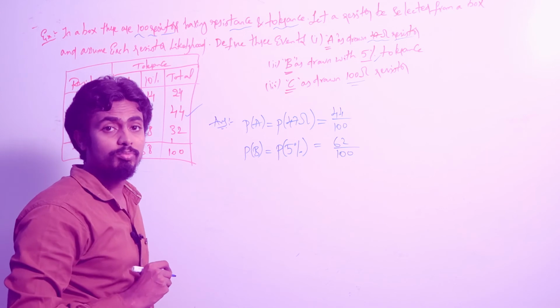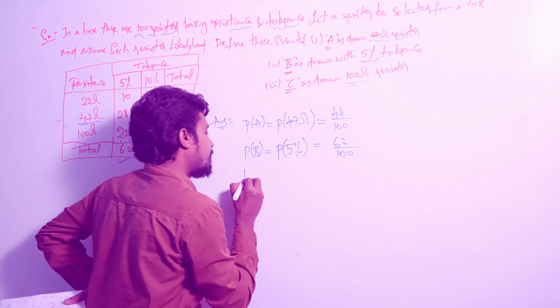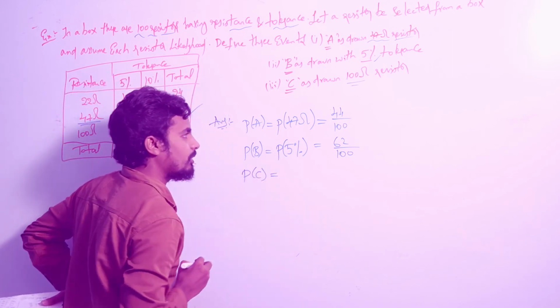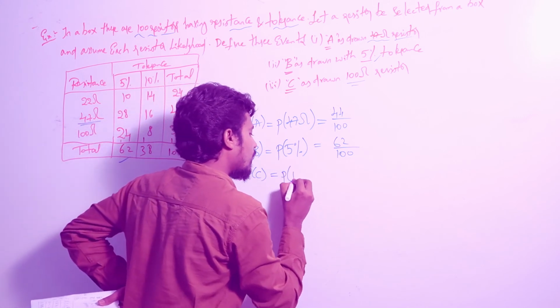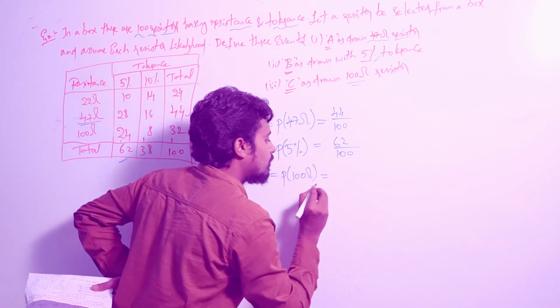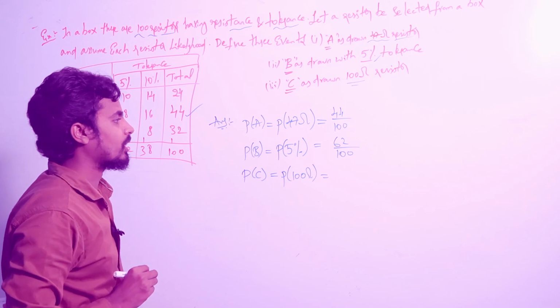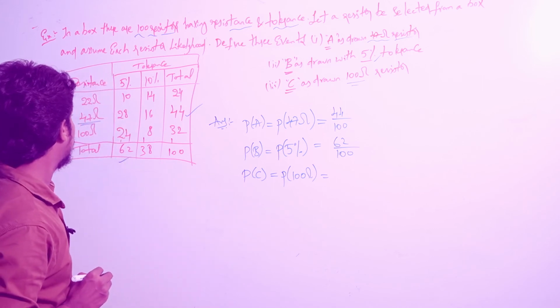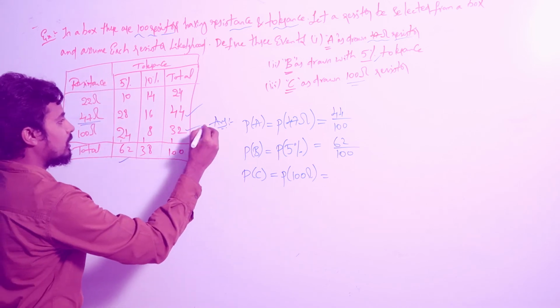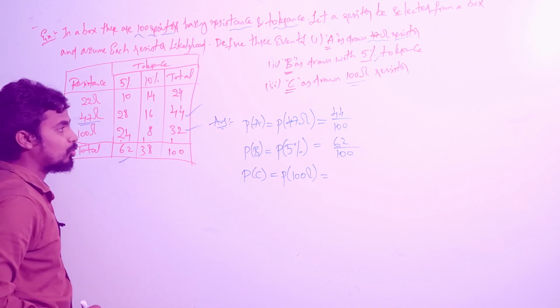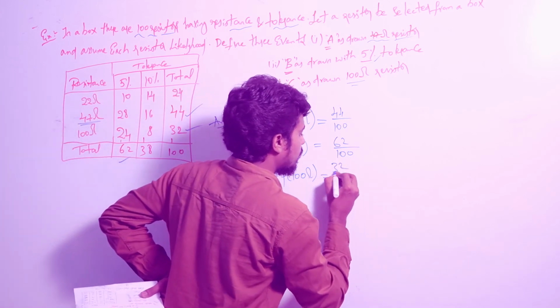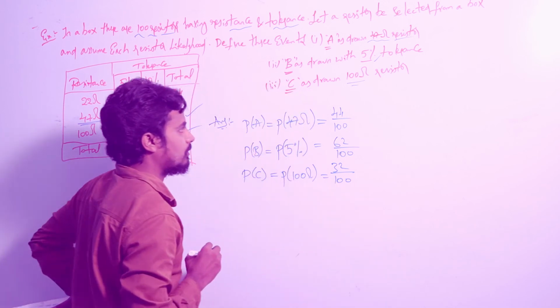That will be drawn 100 ohm resistor. P of C will be equal to P of 100 ohm, which means you will get the total as 32. That will be equal to 32 divided by 100.